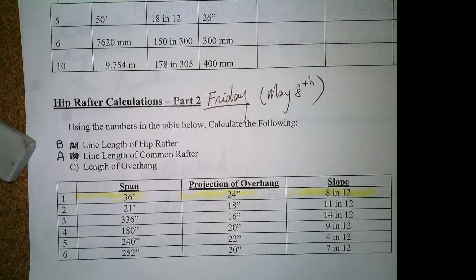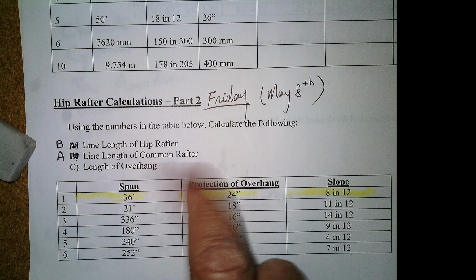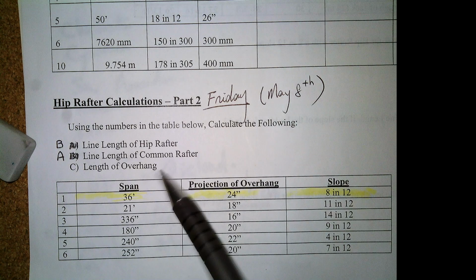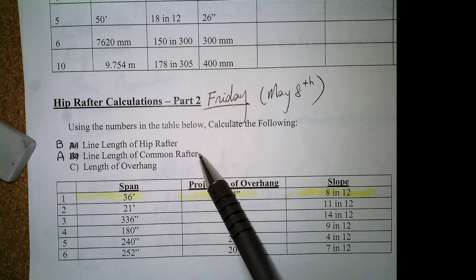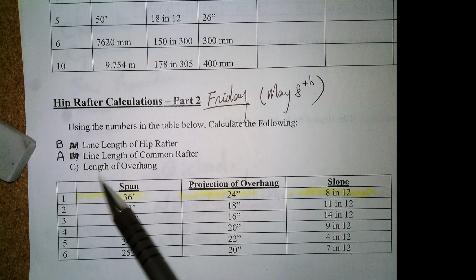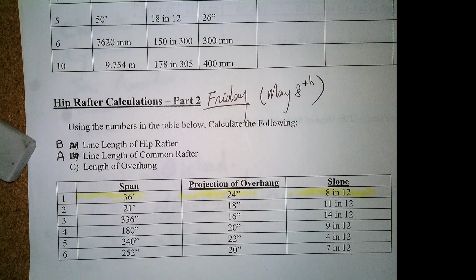Because the rafter unit, or the hip rafter calculation, does include a common rafter, right away I'm doing it in the order of finding the length of the common rafter. So the B would be A, the A would be B. So in that order. All right.